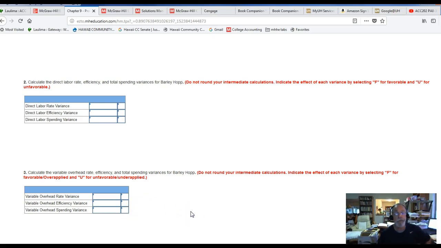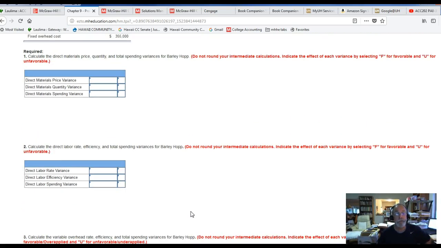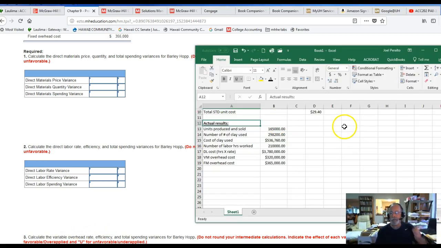Okay, so let's see if we can do these based on the material given in the problem and by referring to each exhibit in the text one at a time, starting with Exhibit 9.6 on page 383. So let's take this one at a time.